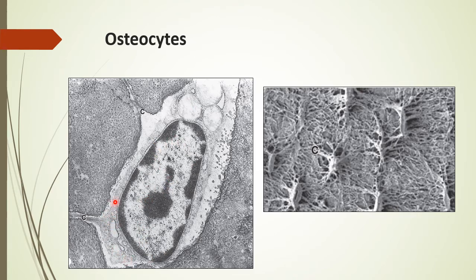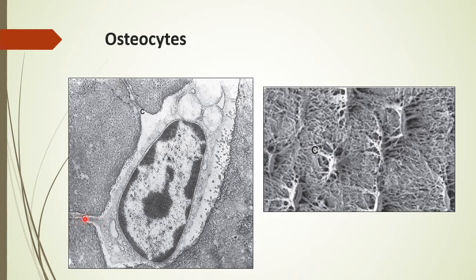Here is a fine rim of cytoplasm, and the osteocytes extend cytoplasmic processes that pass into the C. C stands for canaliculi, surrounded by calcified bony matrix.